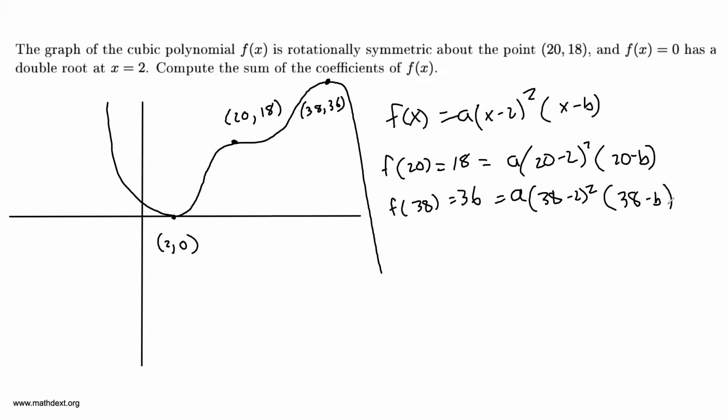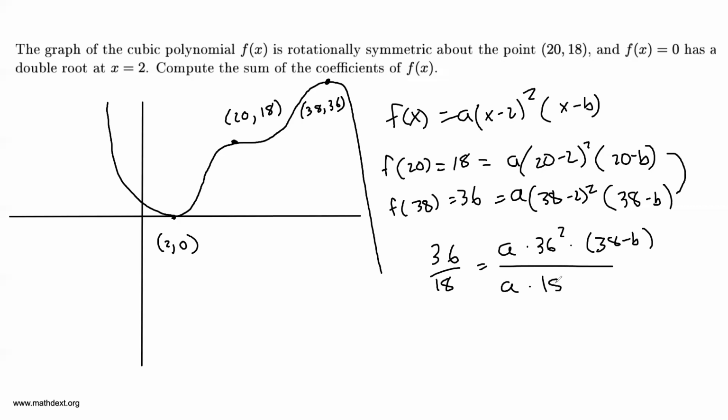And we can actually just divide these two equations by each other. And we get 36 over 18. Actually, I'll just write it out. 36 over 18 is equal to a times 38 minus 2, which is 36 squared, times 38 minus b. And on the denominator, we have a times 18 squared, 18 is 20 minus 2, times 20 minus b.